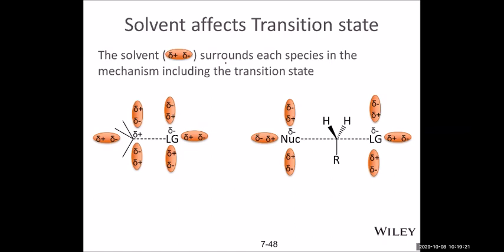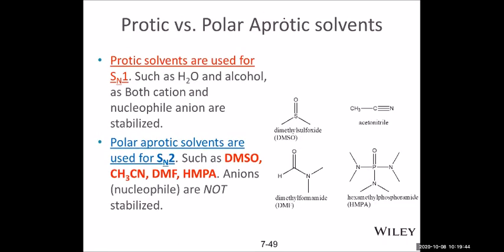With a polar solvent, it can interact with both the carbon and the leaving group, and even the nucleophile for the SN2 reaction. This can be very complicated, but we're not getting into too much detail.